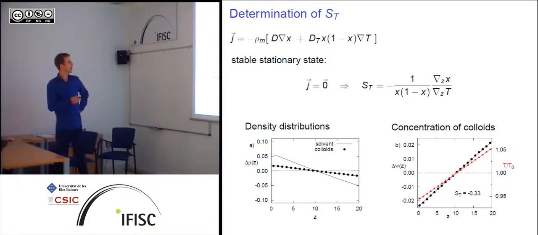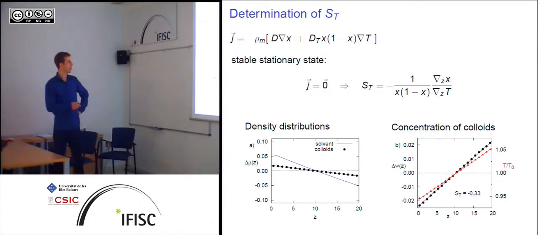In the flux equation for the mass flux in the stationary state, the flux vanishes, and then you can express the Fourier coefficient, which is the ratio of these two transport coefficients, DT divided by D. And this is then the ratio of the concentration gradient and the gradient of the temperature.